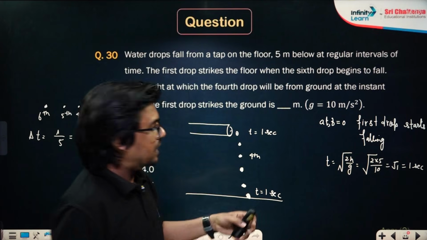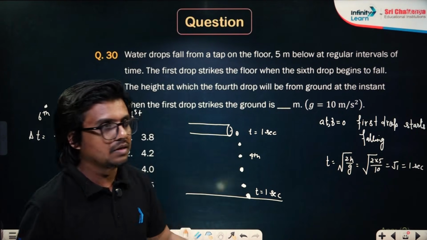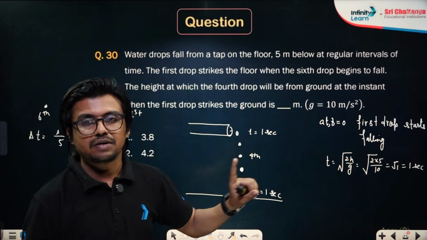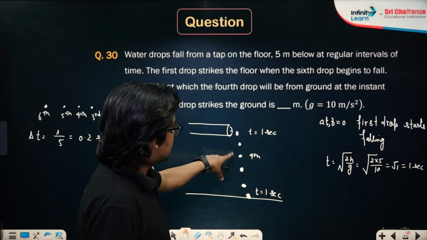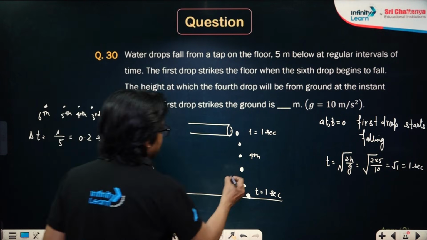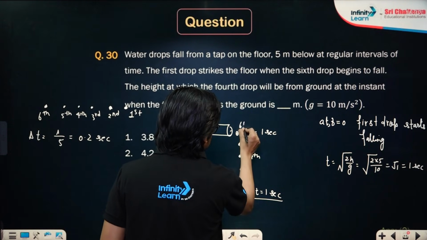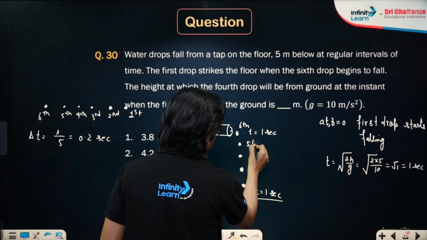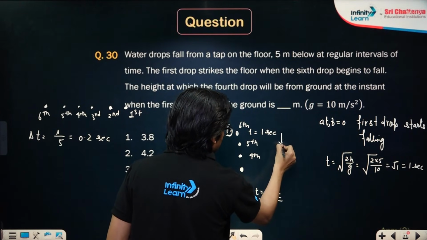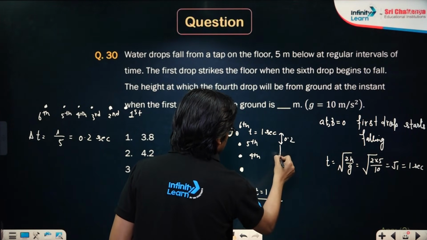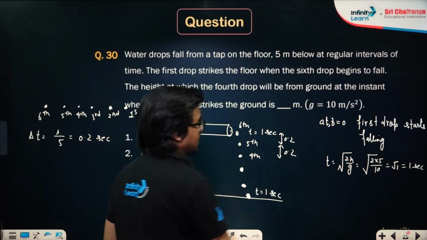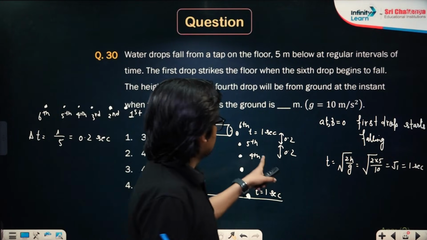In respect of time, the interval is the same, but not in respect of the distance. So the time gap between the 6th and 5th is 0.2 second. Then again it is 0.2 second. So the total time gap is 0.4 second.